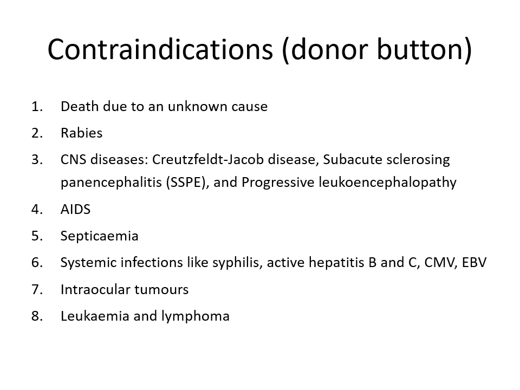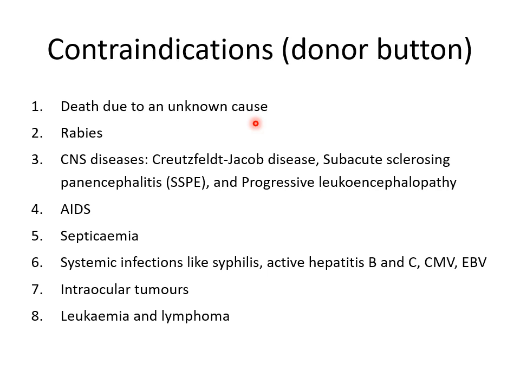These are the contraindications of corneal donation in general. That is, when you do not use the corneoscleral button or the donor button to transplant into a living person. These contraindications include death due to unknown cause. If the deceased person died from an unknown cause, you cannot take their cornea to transplant.